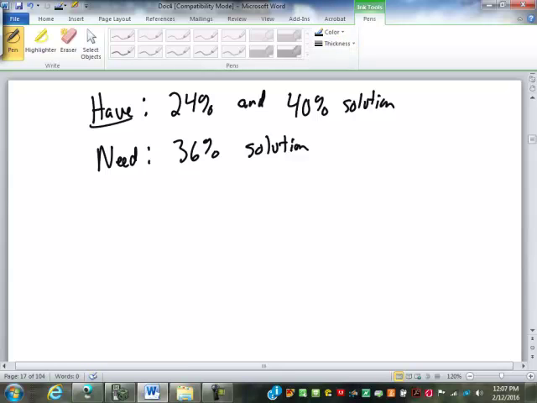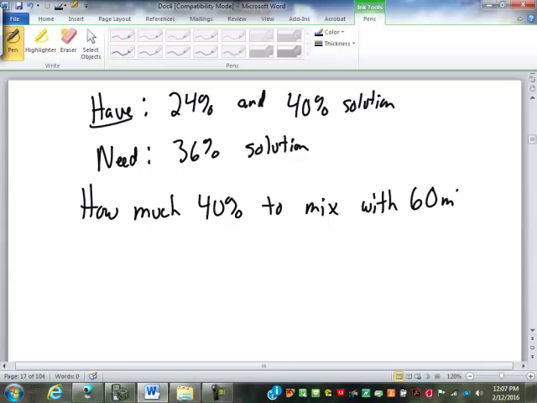So the question we're going to ask here is how much 40% solution do we need to mix with 60 milliliters of the 24% solution in order to create that desired 36% solution.